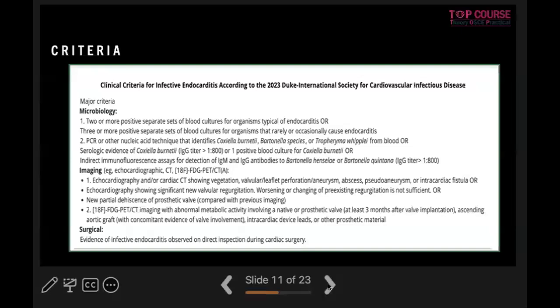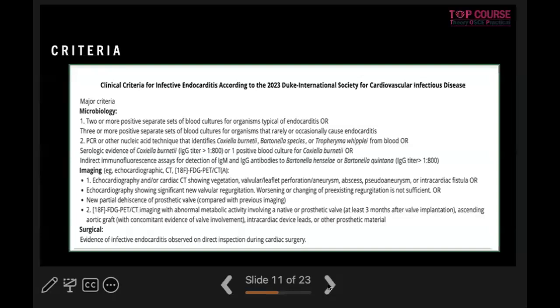All could be major echocardiographic evidence. And the second imaging evidence could be FDG PET CT imaging with abnormal metabolic activity involving a native or a prosthetic valve, or an ascending aortic graft, or intracardiac device leads, or other prosthetic material. So either you can use echo or a cardiac CT, or you can use the FDG PET CT to see the metabolic activity for evidence of infective endocarditis.